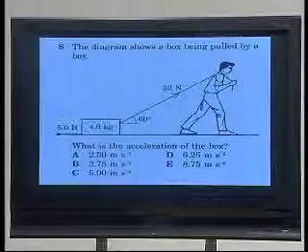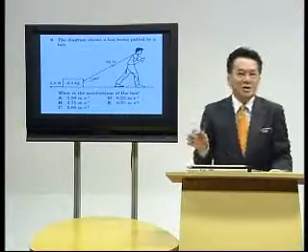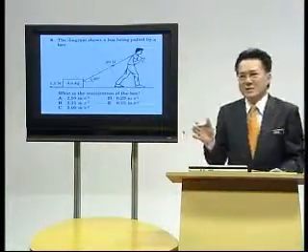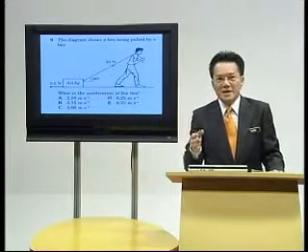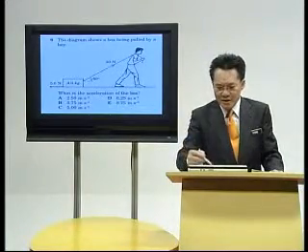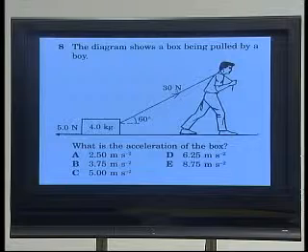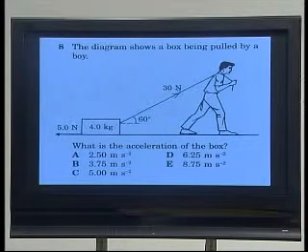Now this question is actually very challenging because there are two concepts involved here. One is the concept of finding out this 30 newtons, what will it achieve in terms of moving the box to the right hand side. And after that, we have got to calculate the acceleration.